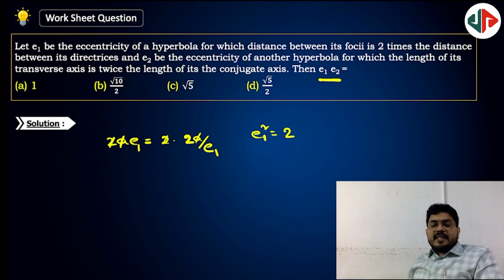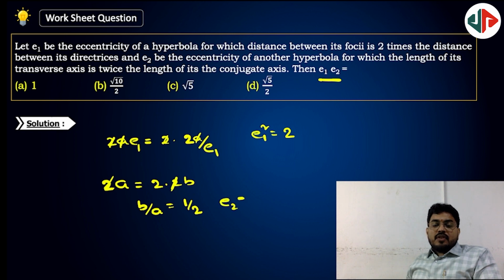Now E2 is the eccentricity of another hyperbola. The length of the transverse axis, that is 2A, is equal to twice the length of the conjugate axis. So B by A is equal to 1 by 2.